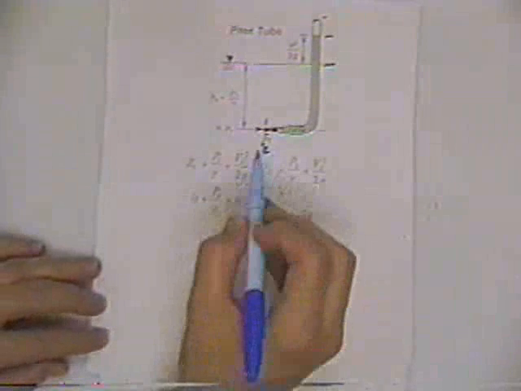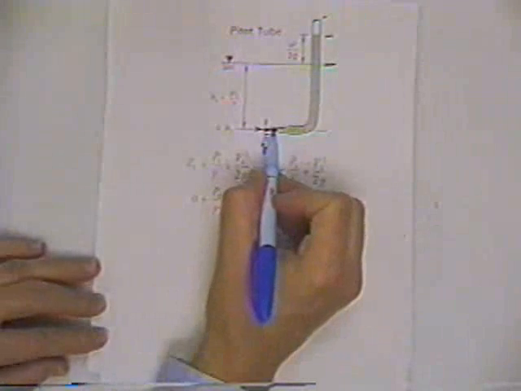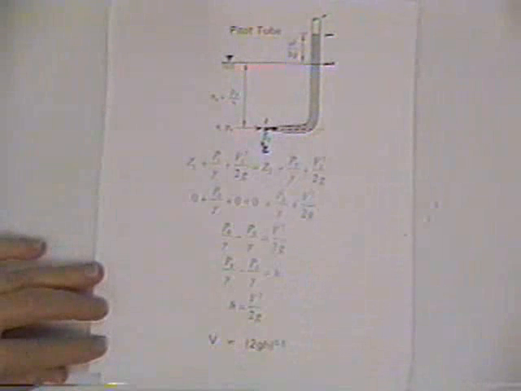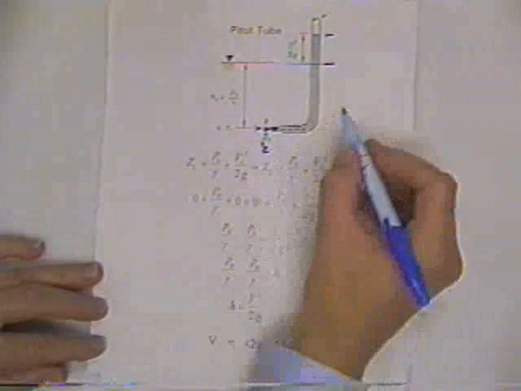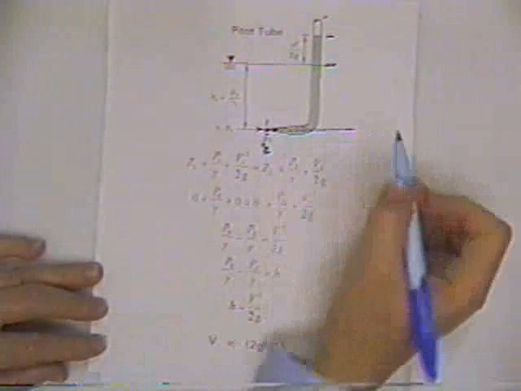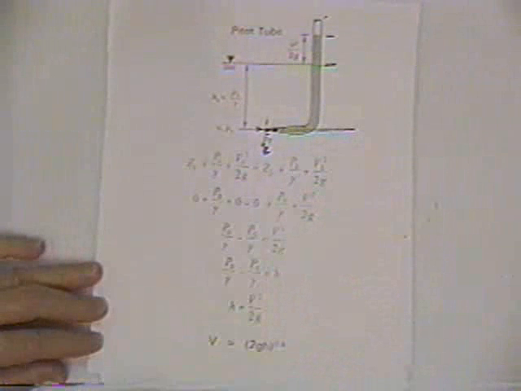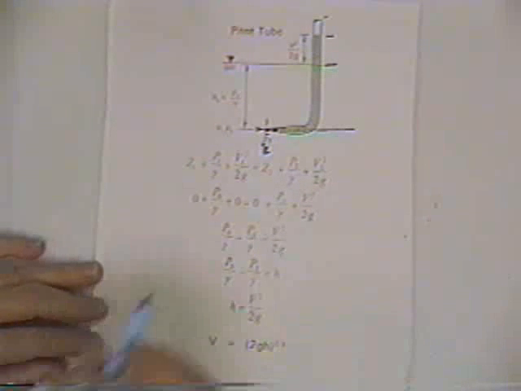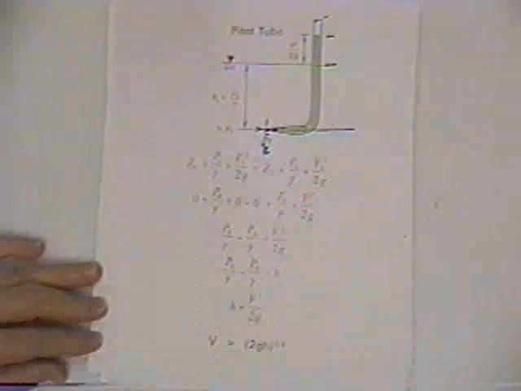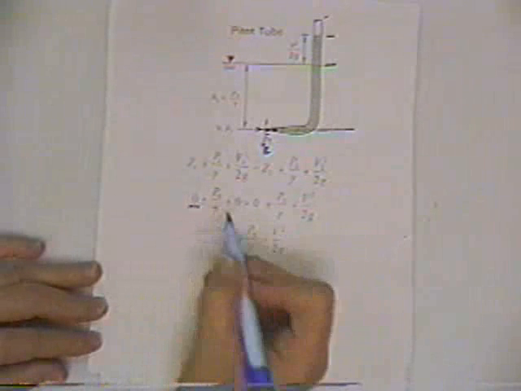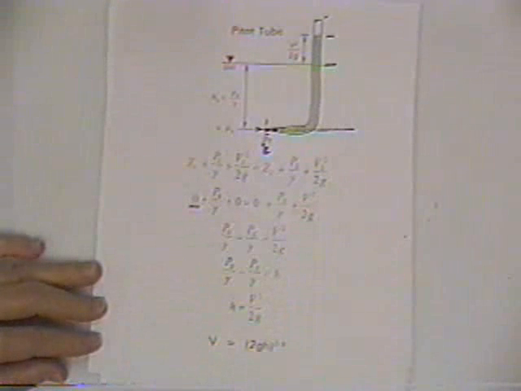And so if we let point 1 be right inside the entrance to the tube, we can put the datum any place we want to put it. Let's just put the datum right here. And so that'll be our arbitrarily selected horizontal datum. And so it's right through the center line of the entrance to the tube, and so Z1 is going to come out to be 0.